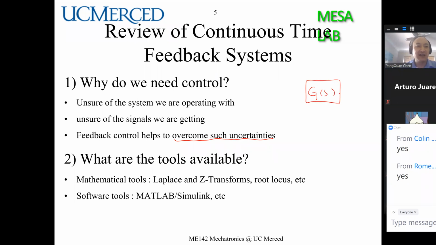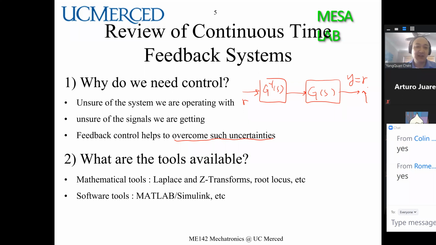If everything is crisply known, if I want my system output Y to behave like R, it's easy. You just put the inverse of G, open loop. You put R in here, then you get Y equals R, right? But then you need to precisely know what your G is.